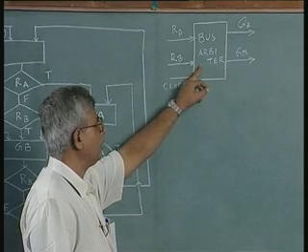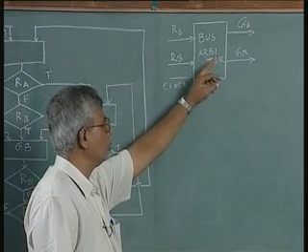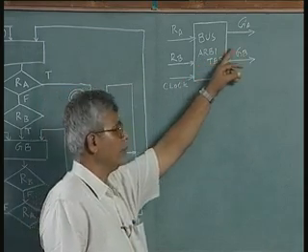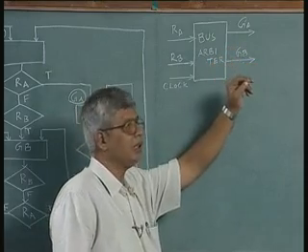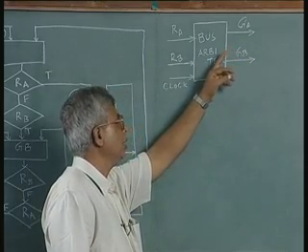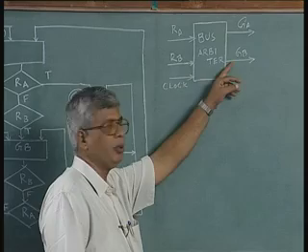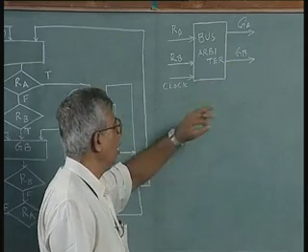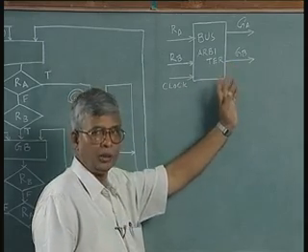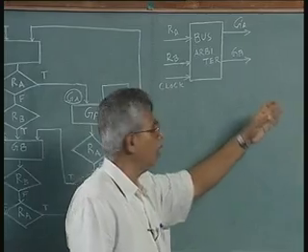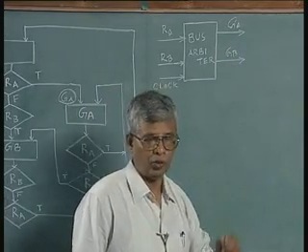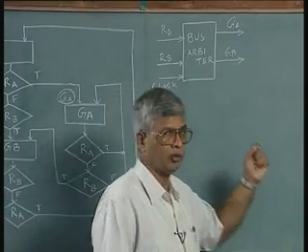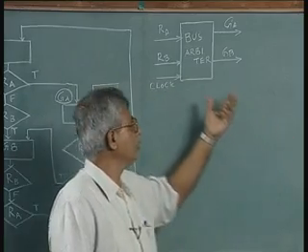The arbiter takes the decision on which of these two gets the control of the bus, that is indicated by the signal GA being the grant signal for A, GB being the grant signal for B, and we are not showing how GA goes and enables the bus for A and how GB goes and enables the bus for B, all that I am not showing. It is only the simple design here.